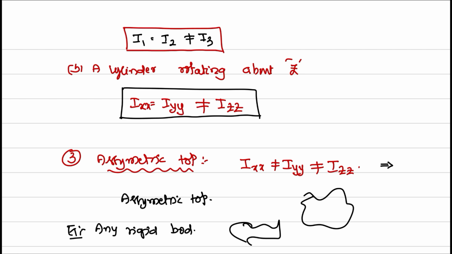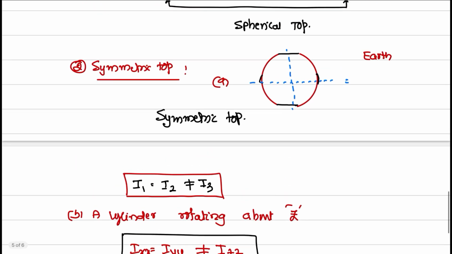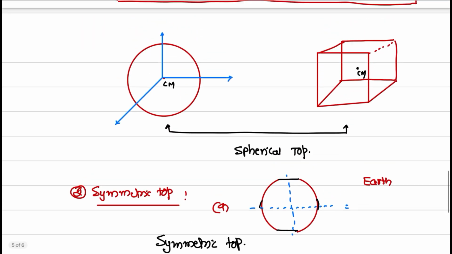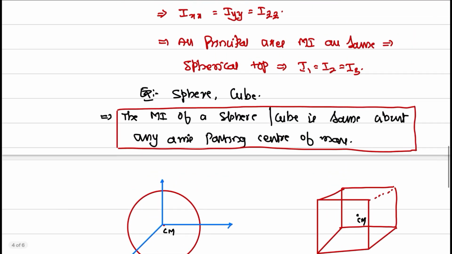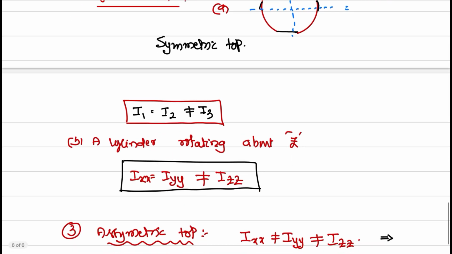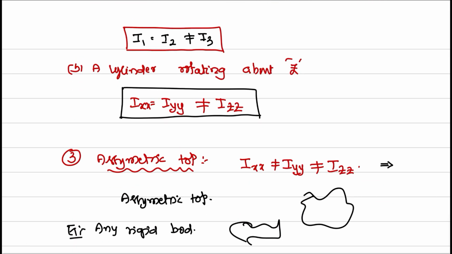Asymmetric top means moment of inertia in all axes is different. Two axes same and not equal to the third axis is called symmetric top. And spherical top, in all the axes the moment of inertia is same. Please remember these three definitions.